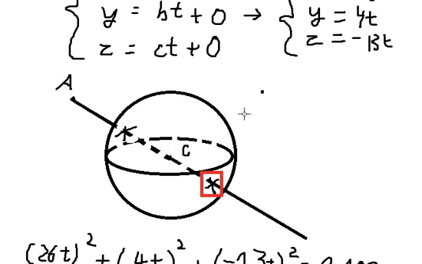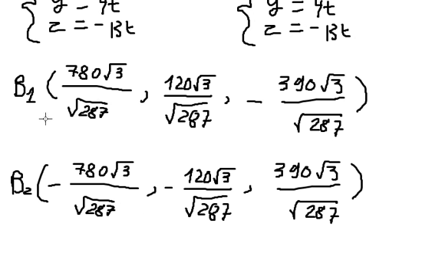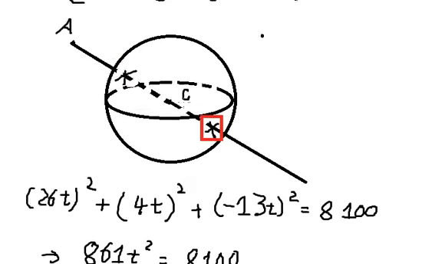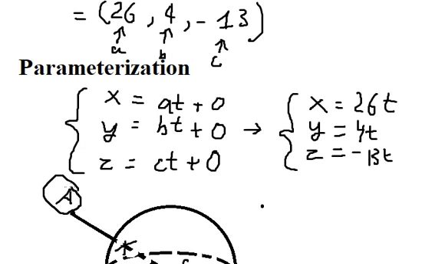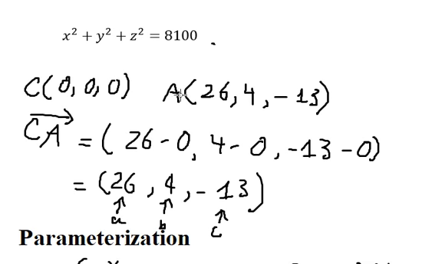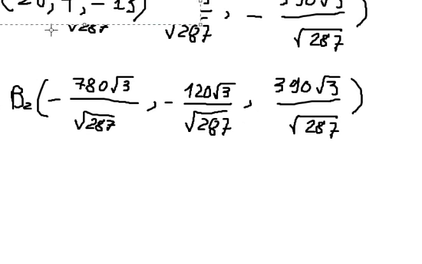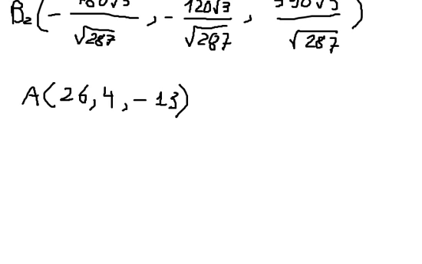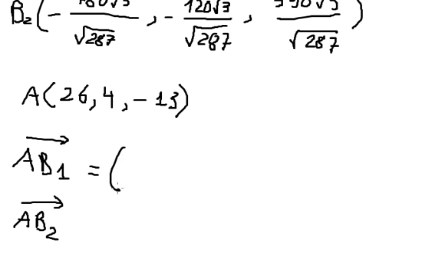So we want to figure out which point should be selected. In this situation we have A, that is about this one. Now we need to find the length of AB1 and AB2. So we need to find vector AB1 and AB2.